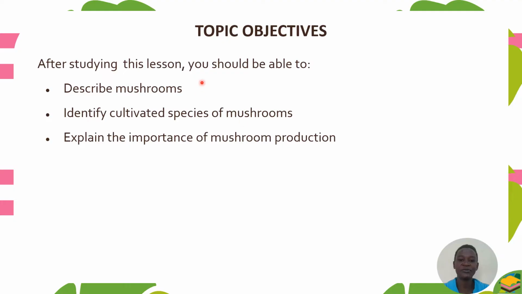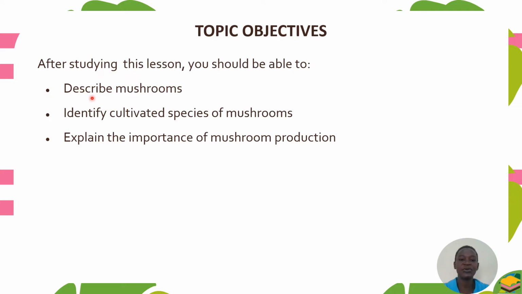On today's lesson, there are several objectives which we are going to go through on mushroom production. For today's lesson, we're just going to learn part of mushroom production. After studying this lesson, you should be able to describe mushrooms.